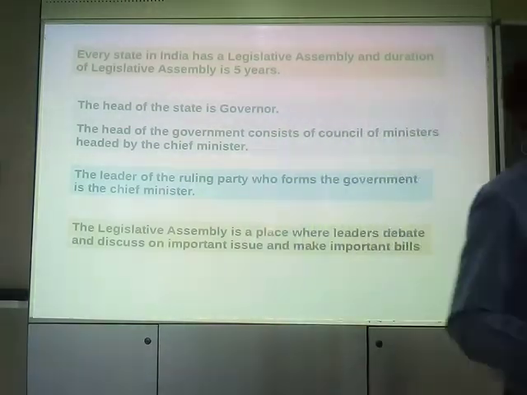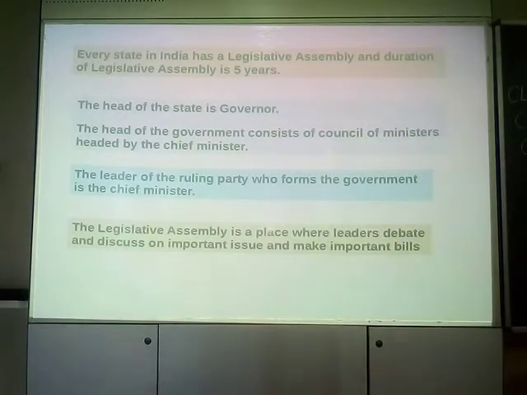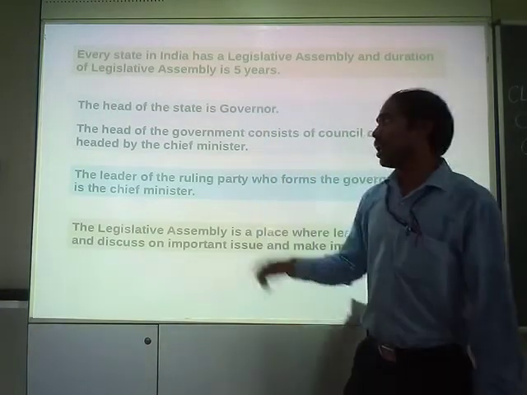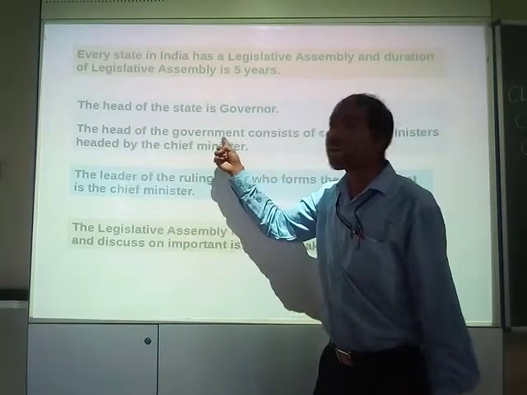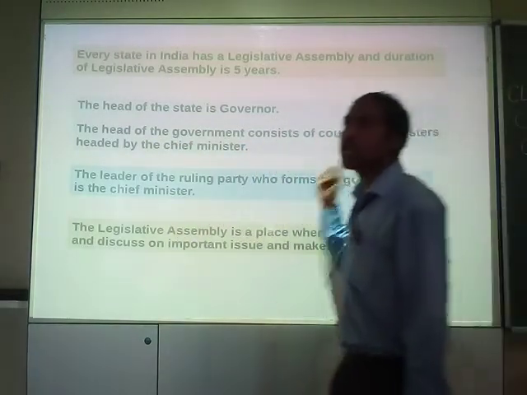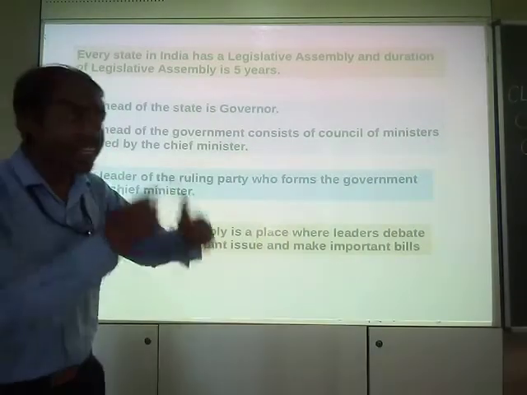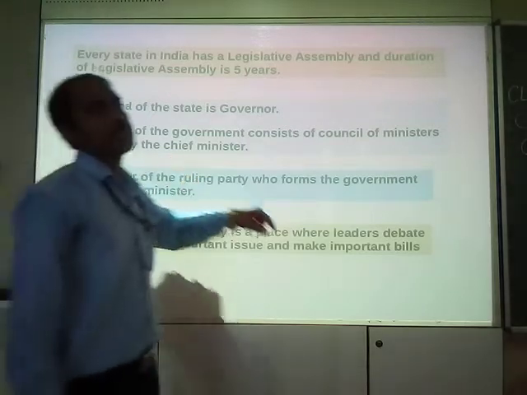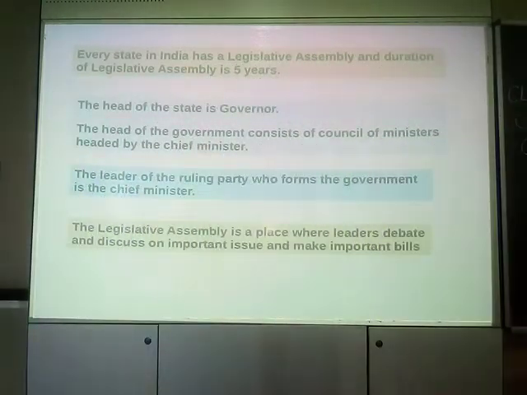Always remember, the head of the state is governor, and the head of the government consists of the council of ministers. And who is the head of the council of ministers? It is the chief minister. Understood? This is the basic difference in a state.